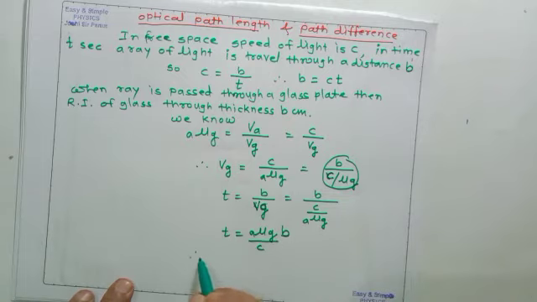Therefore, c t is equal to mu of glass with respect to air into b.